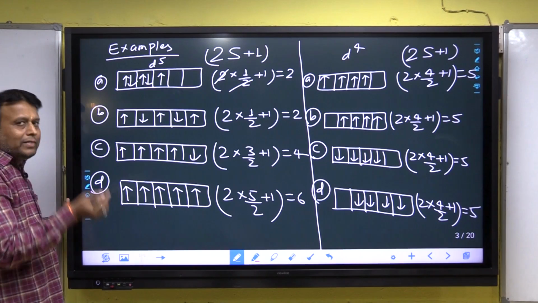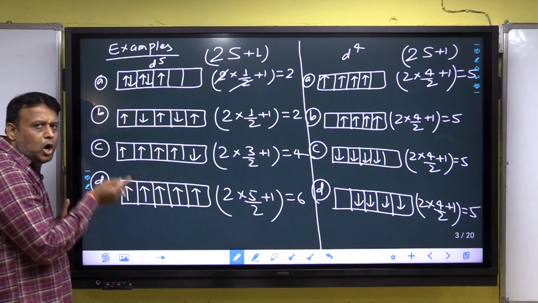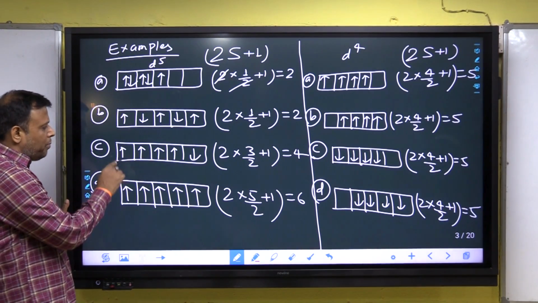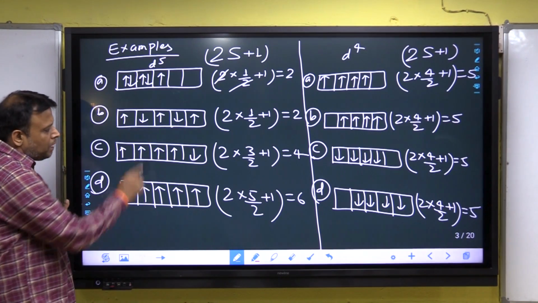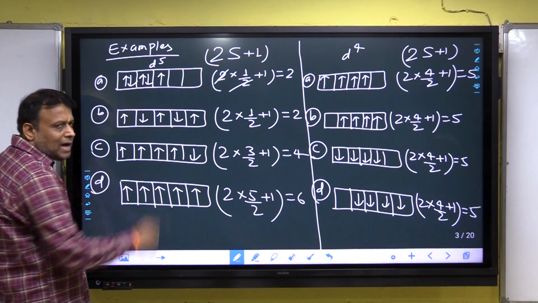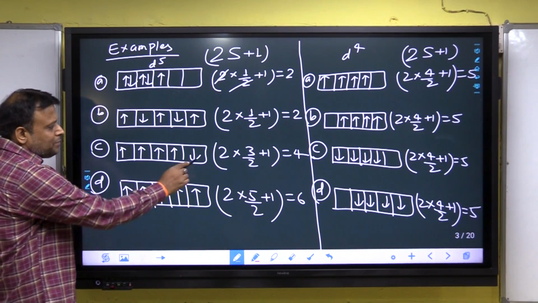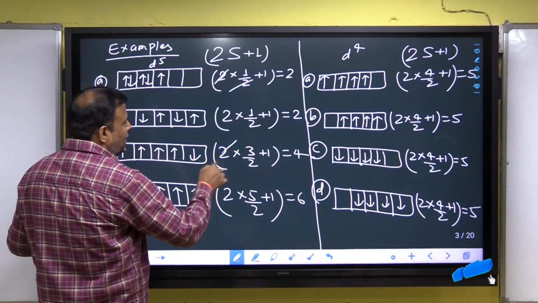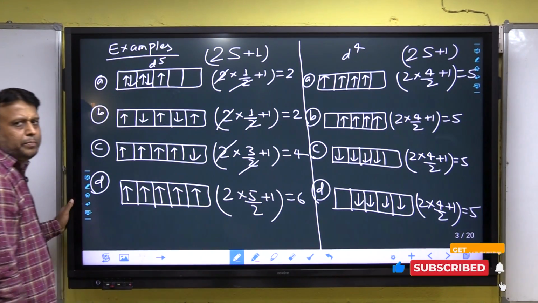Next, the third student filled all 5 electrons in the d orbitals in such a way: plus half, plus half, plus half, plus half, and again minus half. That means the total spin is 3 by 2. 2 into 3 by 2 plus 1, and after calculation, it will be 4.